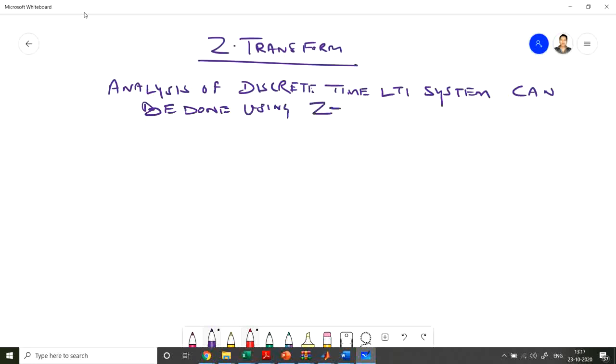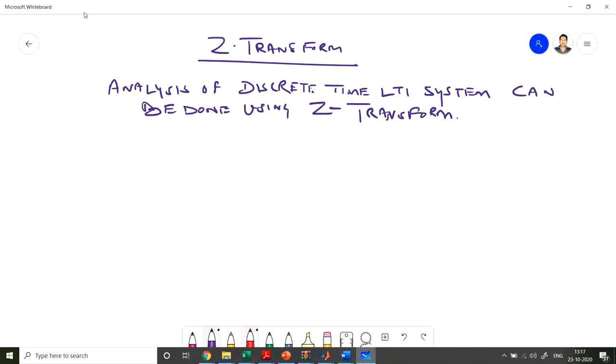If you remember, we used the Laplace transform for the analysis of continuous time LTI systems. In the same way, for the discrete time counterpart, that is the discrete time LTI system, the analysis can be performed using the Z transform.